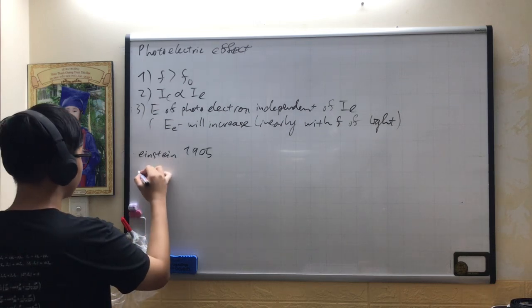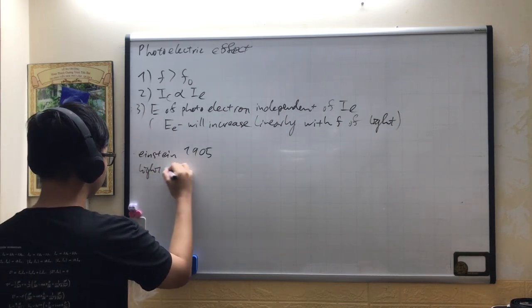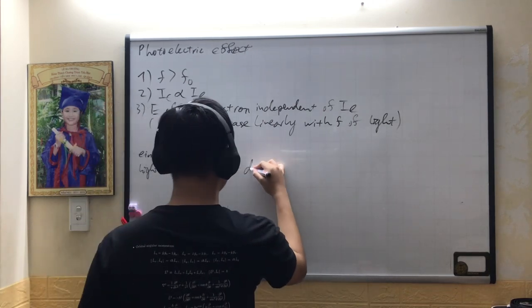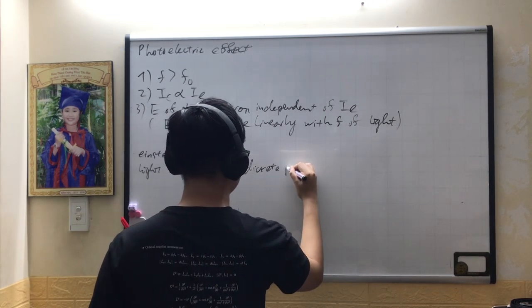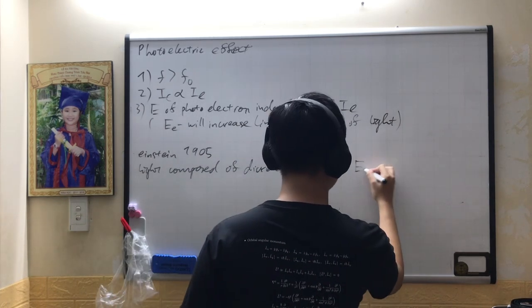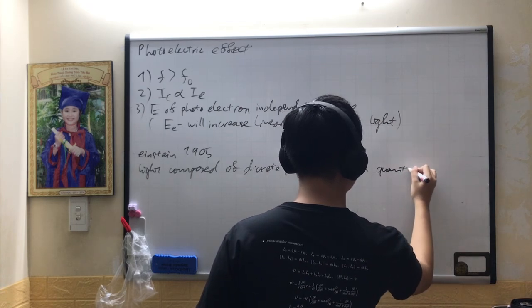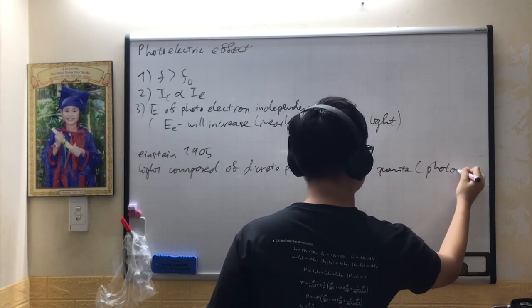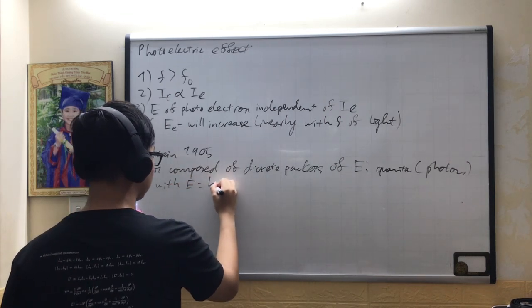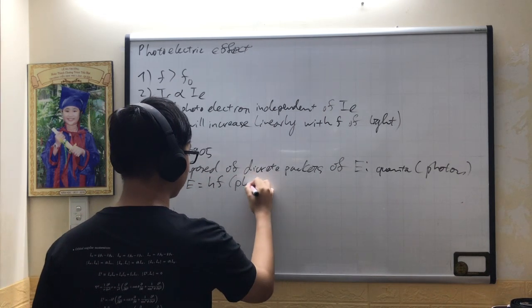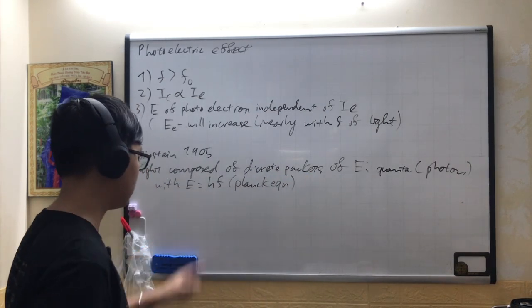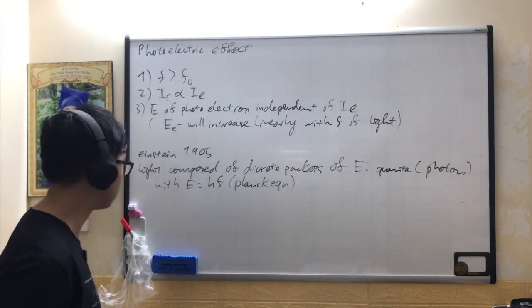He said that light is composed of discrete packets of energy he called quanta, photons, with the energy equal to hf, and this is the Planck equation. h here is a constant and f is the frequency.